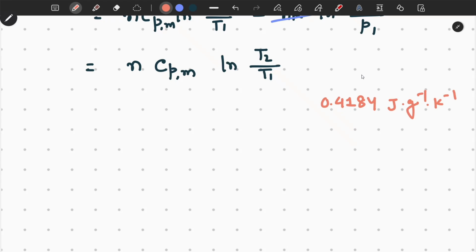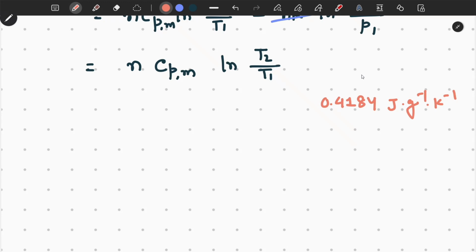This is per gram, but we need per mole. Do you understand this? Yes, because this is CPM per mole, and this value is per gram.